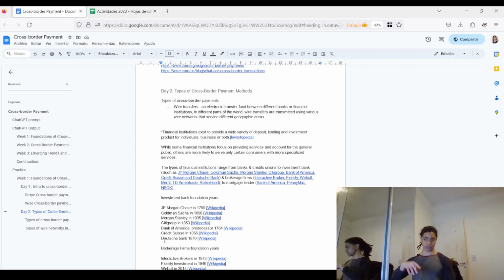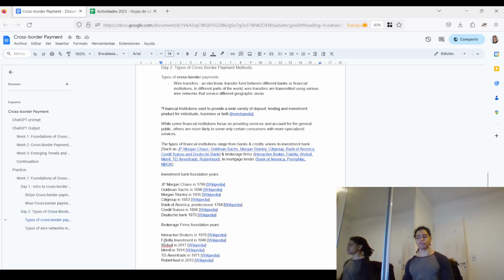And then we have brokerage firms, which after all act as a middleman between buying and selling stocks. So Interactive Brokers, founded in 1978, 12 years before I was born. Fidelity Investments in 1946.